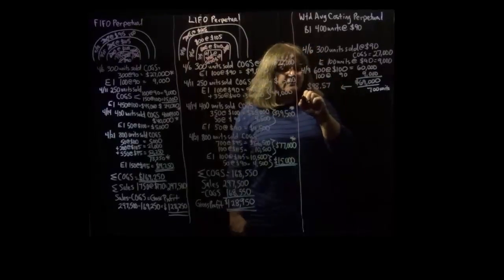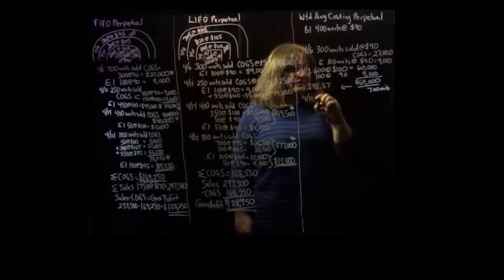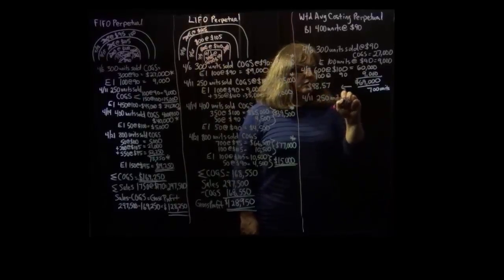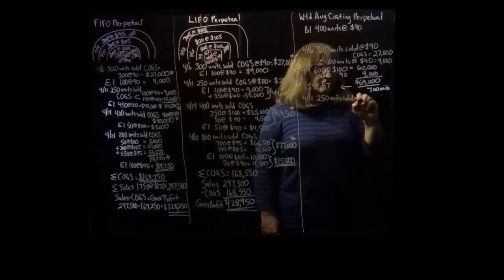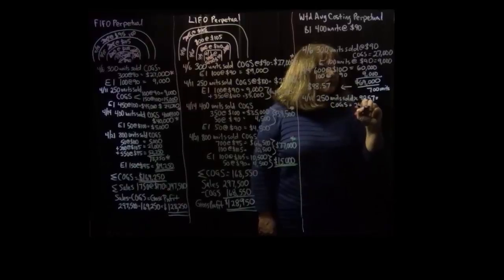Then when we make the next sale, that is the average cost that we're going to apply. And so for the April 11th sale of 250 units, we're going to apply this $98.57 unit cost to get cost of goods sold of $24,643.